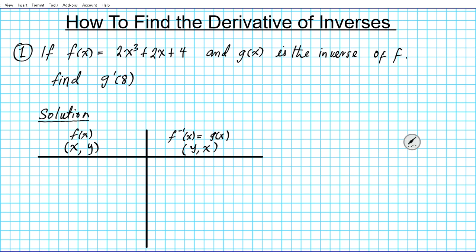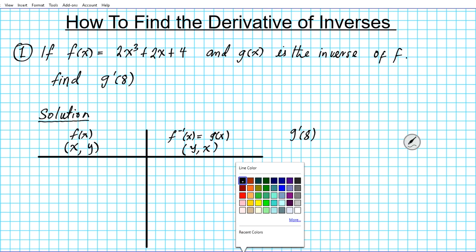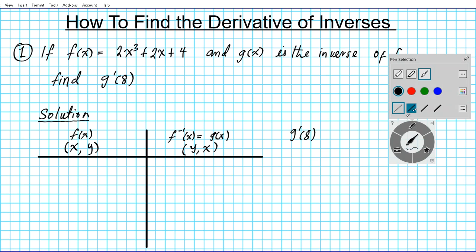We are asked to find g prime of 8. Now what is this? G is the inverse, right? So what do you input into the inverse function? You input y. Alrighty? So this piece of information that we have right here, this is y.